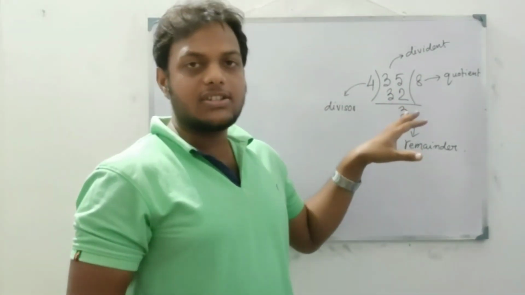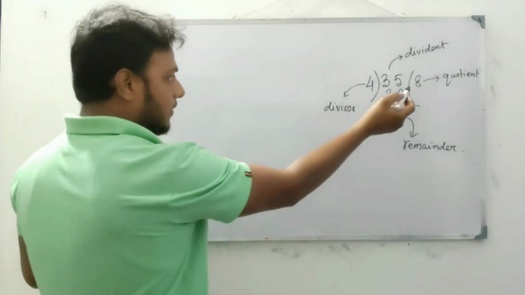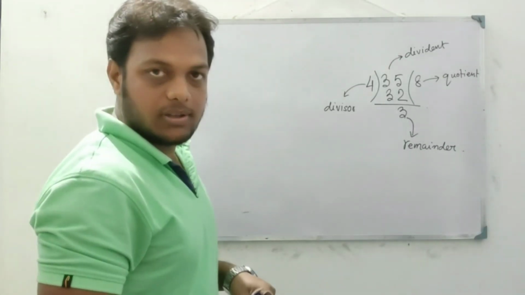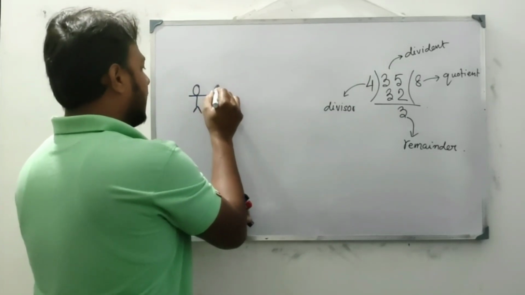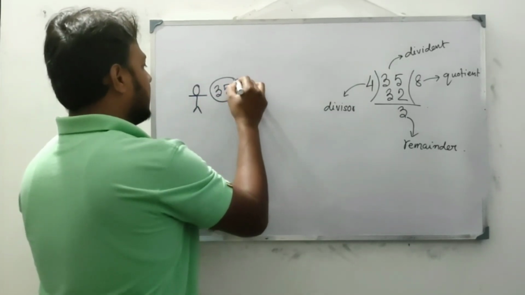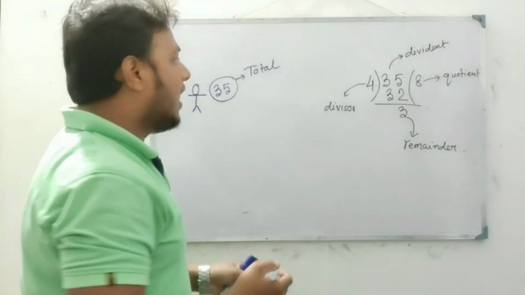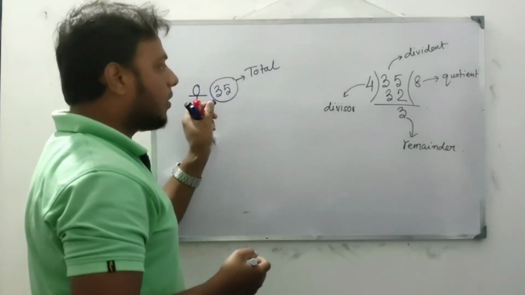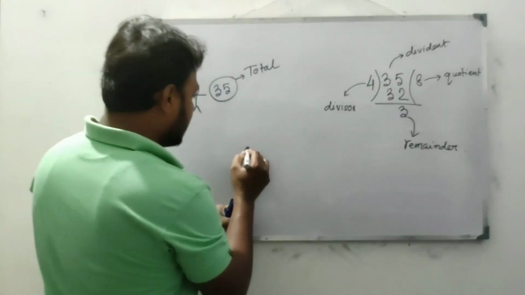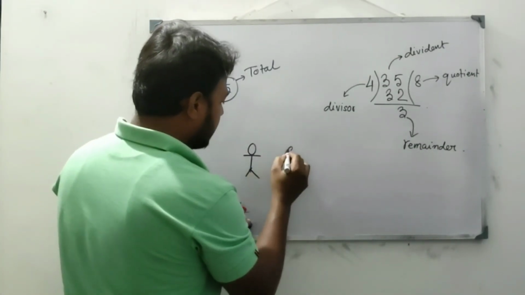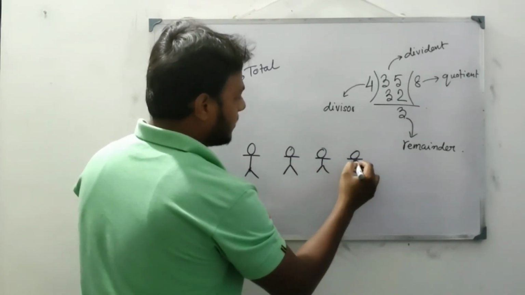To make the relation, I am considering a story. Suppose for this division process we can make a story. Suppose this is you and you have 35 chocolates in your pocket. I told you to distribute these 35 chocolates equally among 4 students: first student, second student, third student, and fourth student.